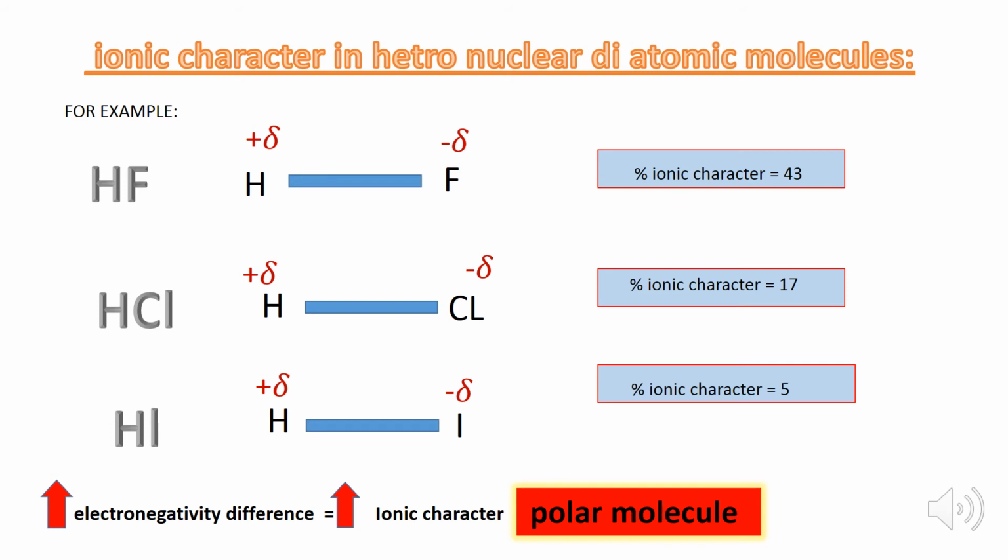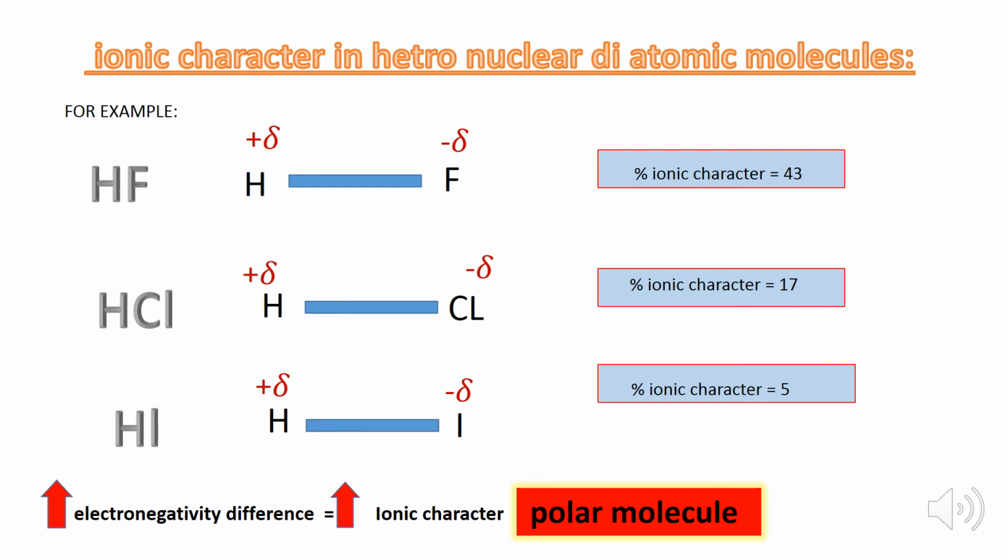As a result, an unequal sharing of an electron pair is formed, which results in the formation of charge. Chlorine has a partial negative charge due to the greater electronegativity and hydrogen has a partial positive charge due to its electropositive nature. As a result of this electronegativity difference or polarity, the ionic character is 17%.